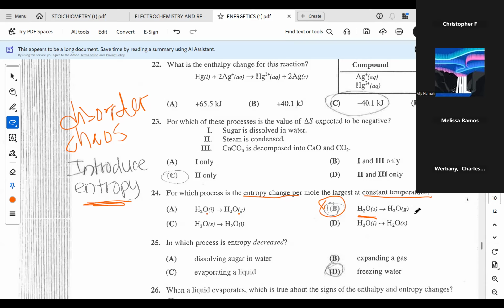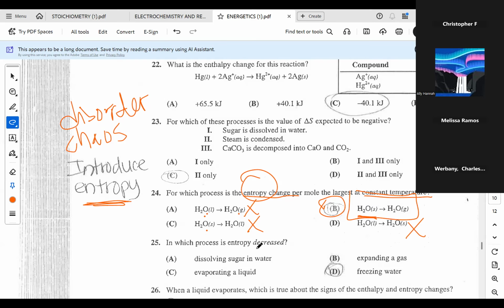So when we go from solid to gas, that is why that has the greatest entropy change, because we go from really ordered to chaos, right? Disorder. Whereas liquid to gas is not that much of a change. Solid to liquid, still not as great a change. And then liquid to solid, that's becoming more ordered, less chaos, more of a negative entropy change, but it's still not as much as a solid going to gas.